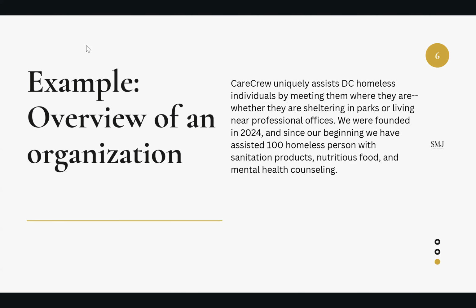As I present, I will also share specific examples of statements that may be included in the core sections of a grant application. So this is an example of how to provide an overview of your organization.